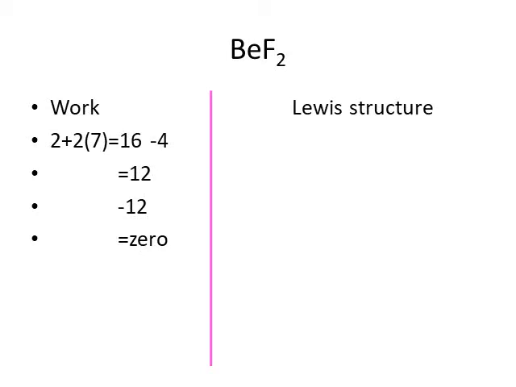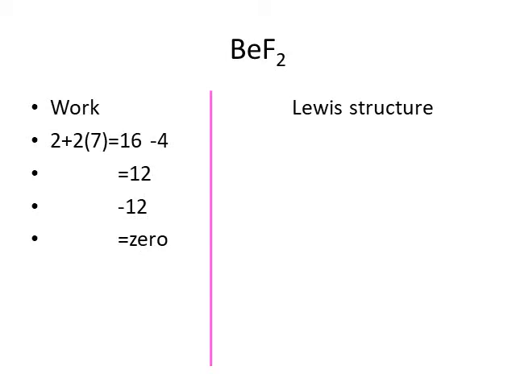So, we make 2 bonds with 4 electrons, so the remainder will be 12. So, we give each fluorine atom its 6 electrons as it is bonded by the 7th one. So, we have 0 electrons.